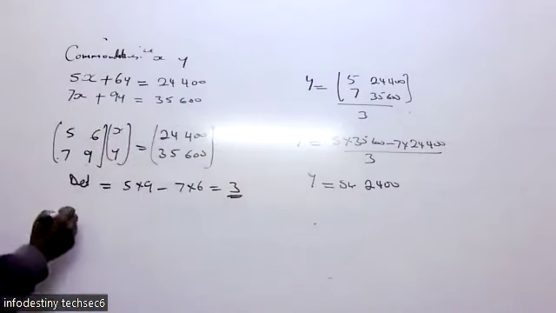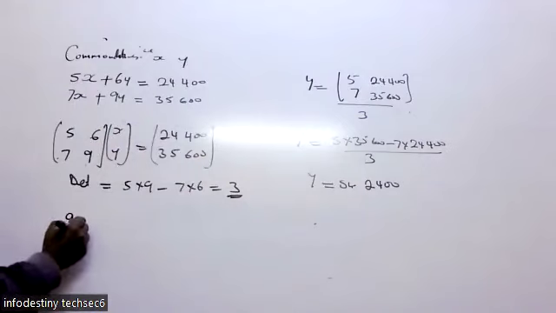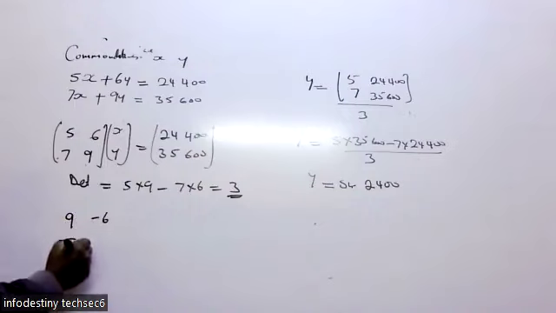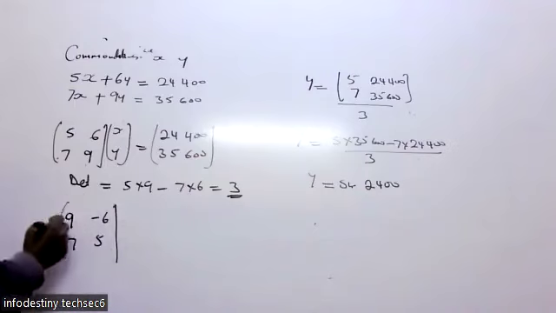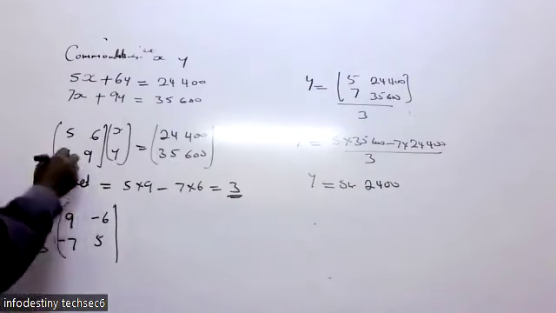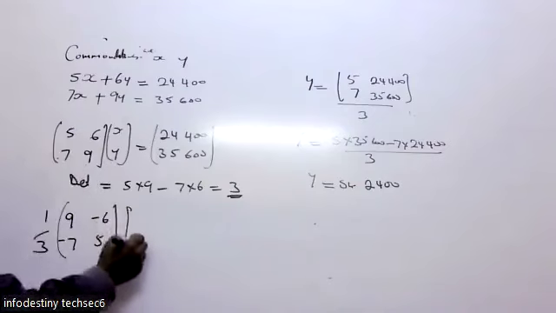Therefore, this is going to be 9, -6, -7, 5. Then you multiply by 1/3. We are together.